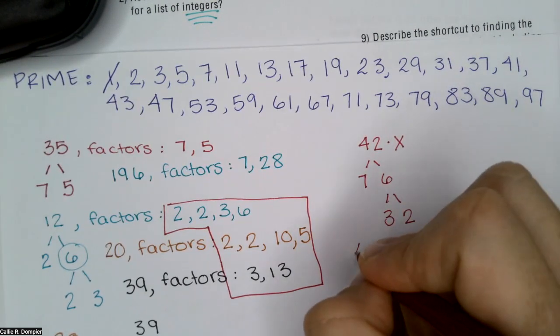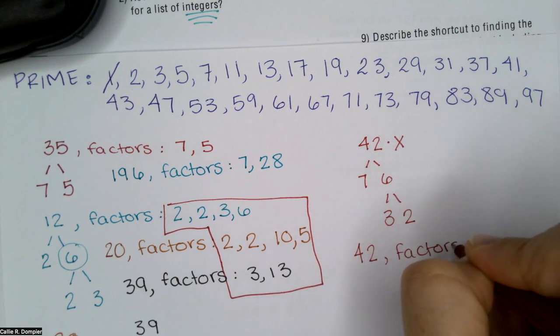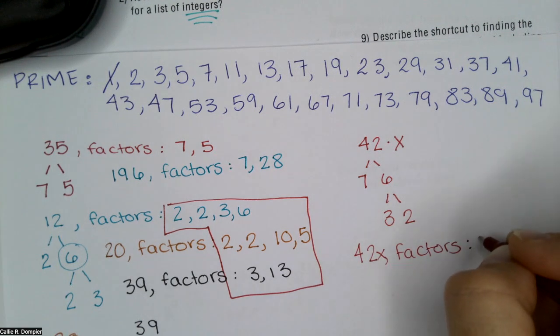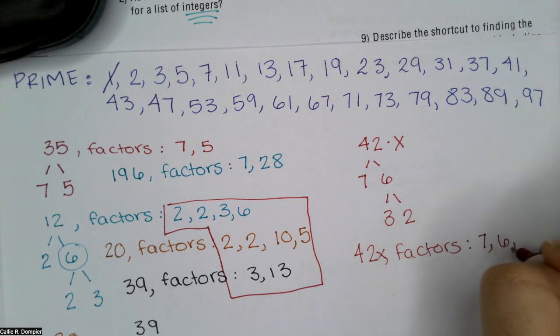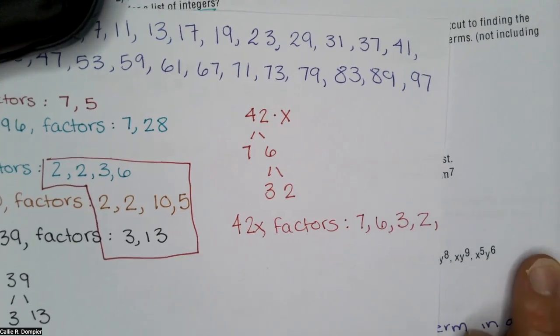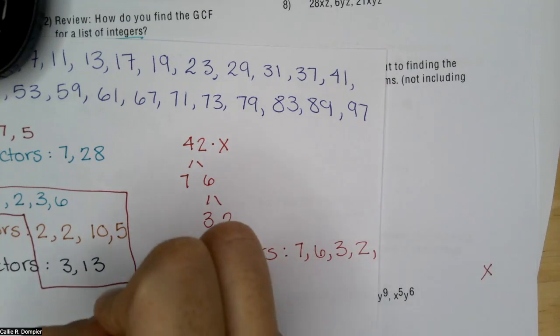So the factors of 42x are 7, 6, 3, 2, and x. Where did the x go? All right, I'm already writing it.